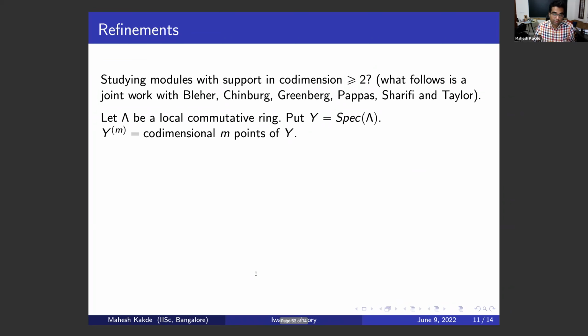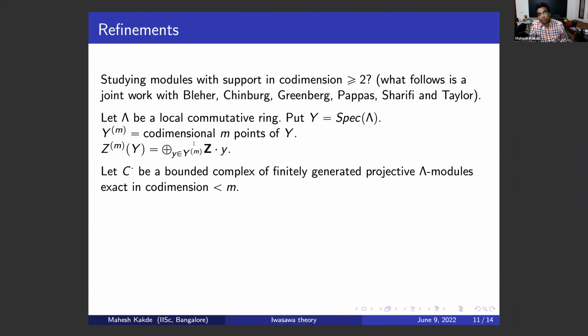Y is simply Spec of this ring. Y^m denotes all the codimension m points of Y, so if you like, height m prime ideals of Y. Z^m(Y) is just the free abelian group generated by Y^m.